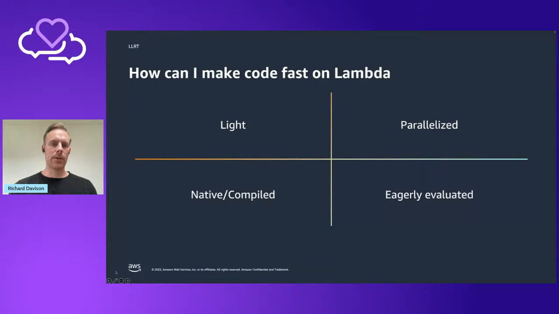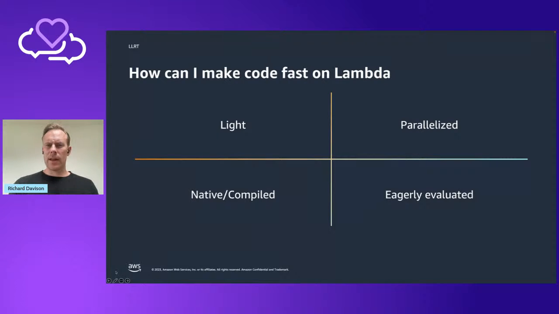Say you would want to have as low cost as possible, so naturally you pick 128 megabytes of allocated memory, which means that you will have the weakest CPU resources as well. So how can I then make it fast?